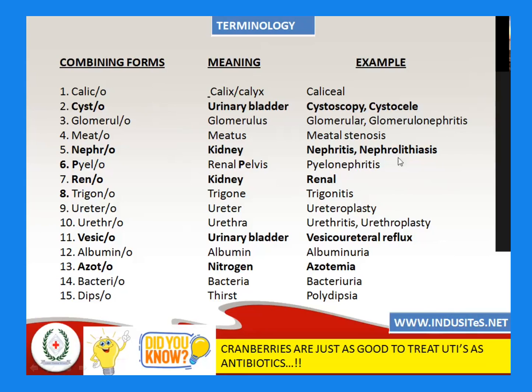Nephrolithiasis means kidney stones or renal calculi, because nephro stands for kidney whereas litho stands for stones. Calculi is plural, whereas calculus is singular. And if you remember, we discussed the same type of condition in the digestive system, that is, cholecystolithiasis as well as choledocholithiasis.